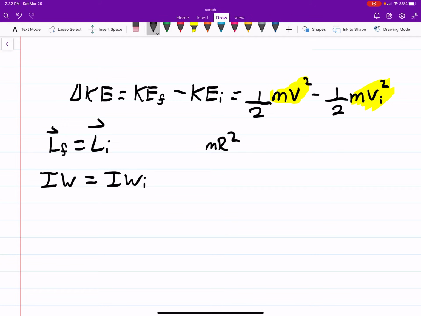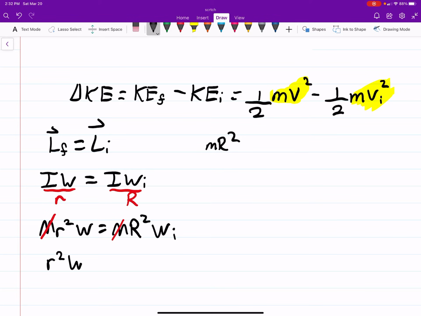For our final position, the radius is little r, and initially the radius is big R. So I can say m little r squared omega is equal to M big R squared omega initial. I guess this is technically a capital M. The masses will drop, and you get just little r squared omega is equal to big R squared omega initial.